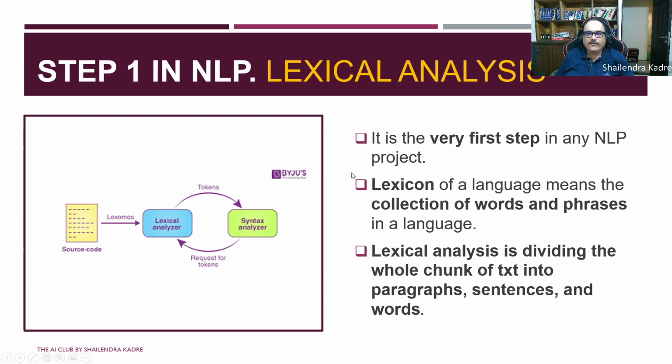The lexicon of a language means the collection of words and phrases in the language. Very simple. Any sentence is made up of words and phrases, so that collection we call the lexicon.